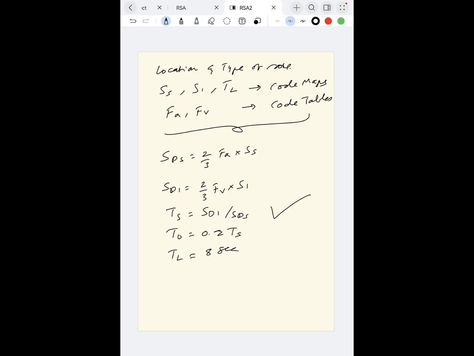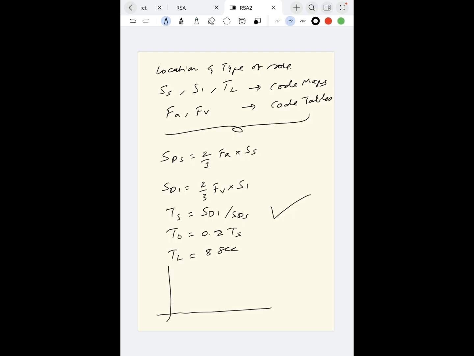Once we know these parameters, we can draw the response spectrum curves using ASCE 7-10. The Saudi building code also uses the same codes. So like this you can use it.